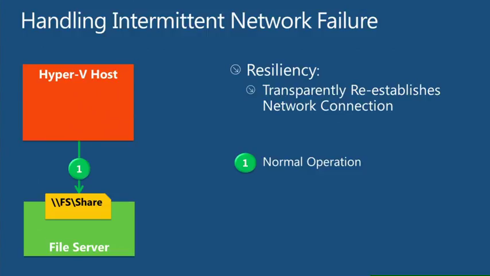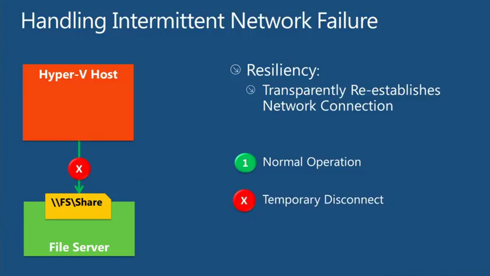So that works. With SMB 3.0, there's a feature called resiliency that allows me to survive this particular failure. So consider this. There's a Hyper-V host talking to a file share. The VM's hosted on it. Everything's fine and normal. Now there's a temporary disconnect.